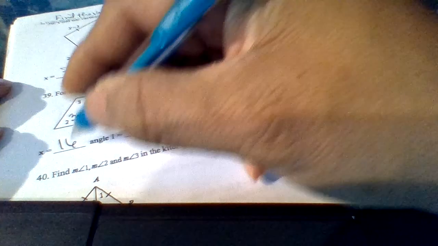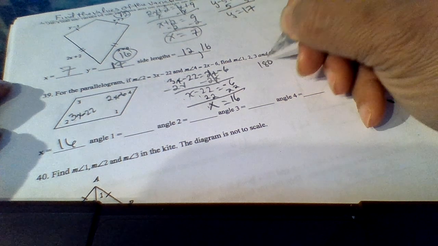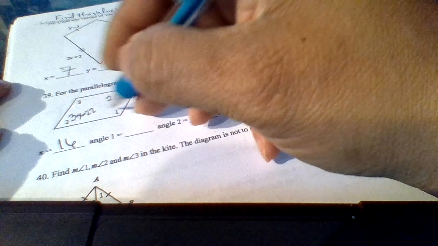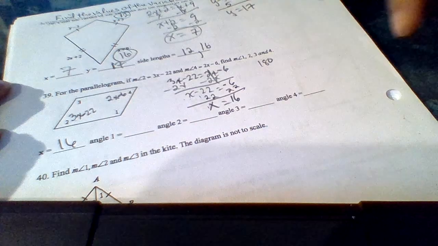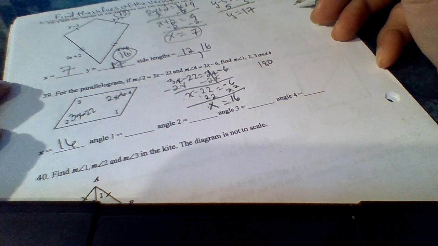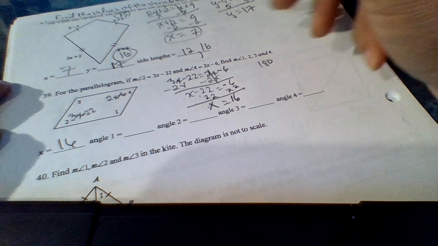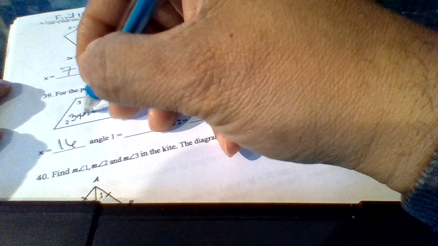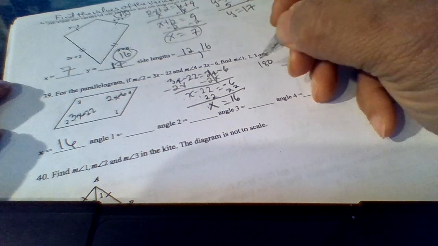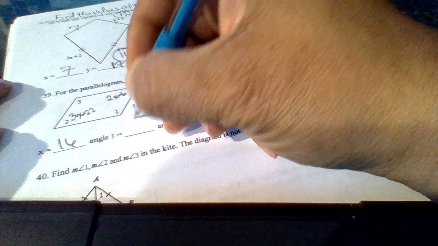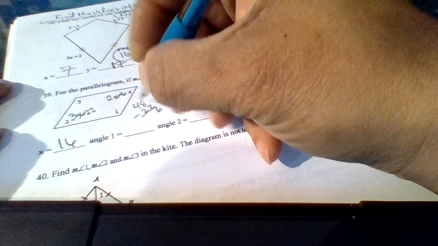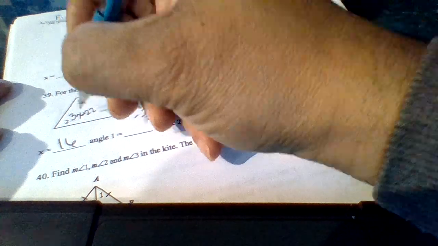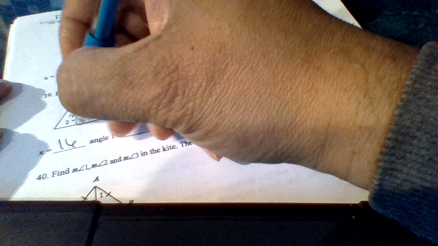Angle 1, if this is 16, I know there's 180 degrees. These two are supplementary to each other. But first, I better find the angle. So 3 times 16 is 48 minus 22. So 48 take away 22 then is going to be 26. So this angle is 26 degrees.